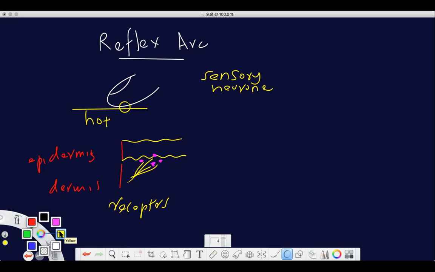Then the sensory neuron has a long axon like this, and it goes like this and ends up here to make the cell body. And again the sensory neuron continues its axon like this.